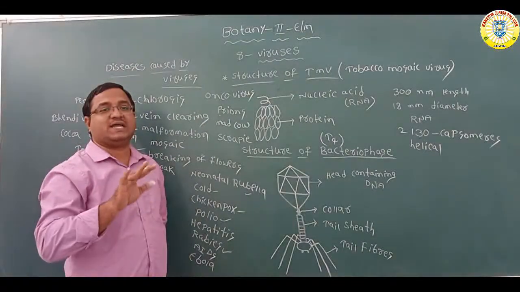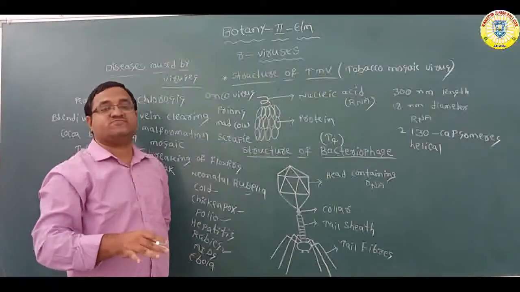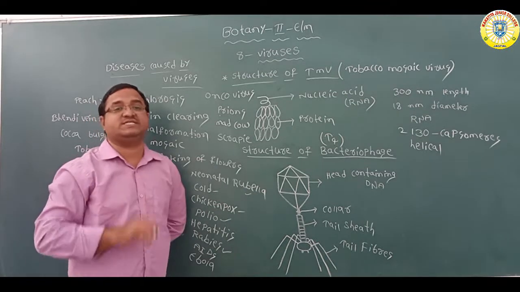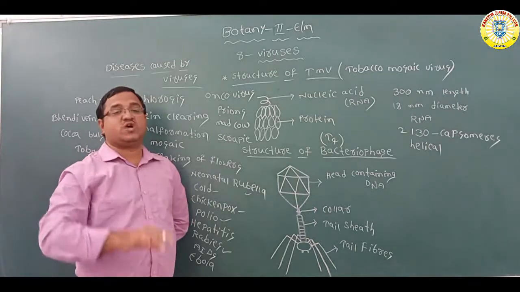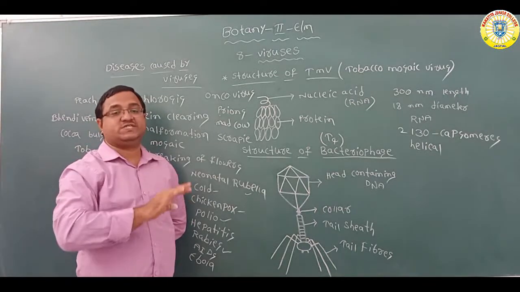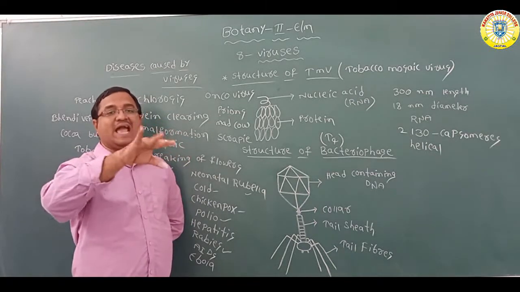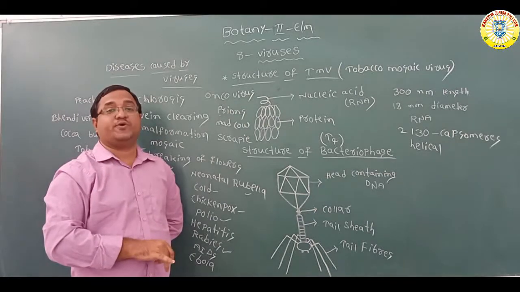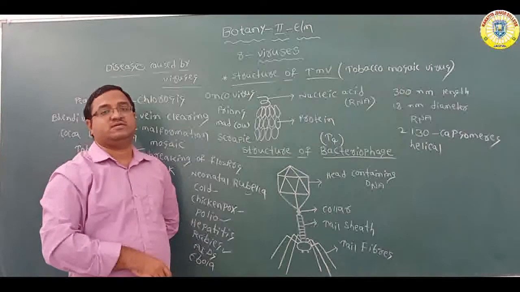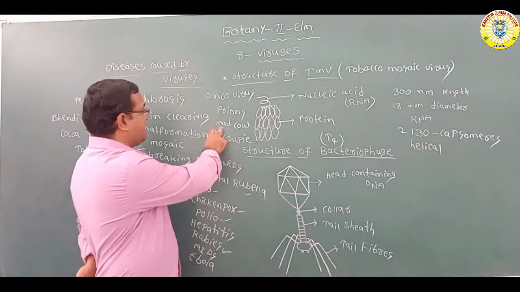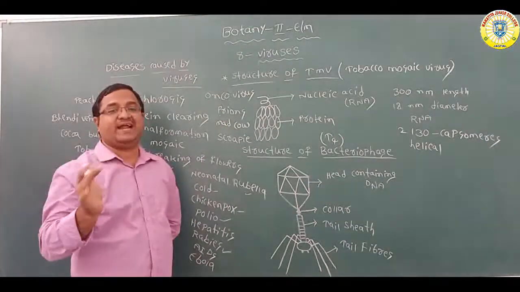Prions are proteinaceous infectious agents which contain only a protein capsid and do not contain nucleic acid, DNA or RNA. Mad cow disease and scrapie disease cause infection of the brain and nervous system.